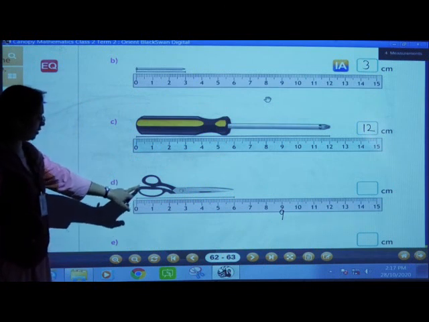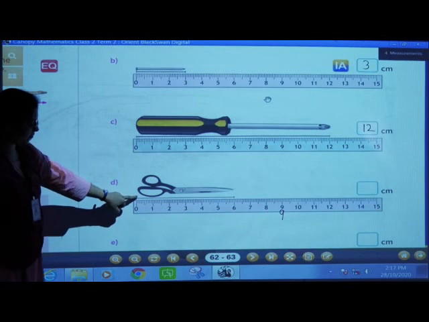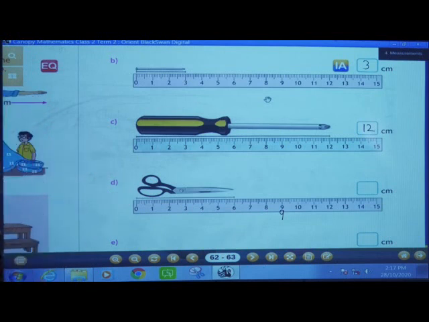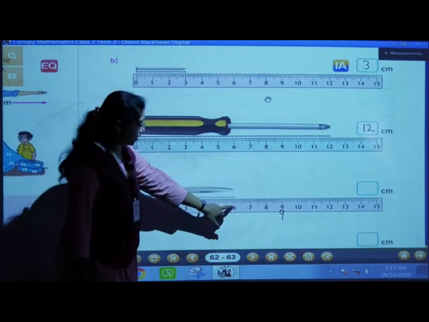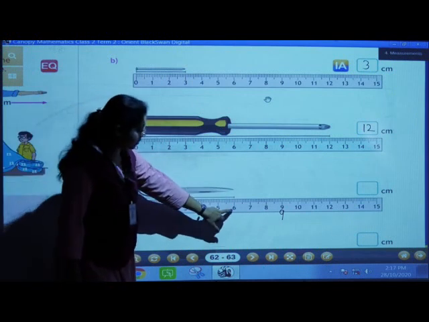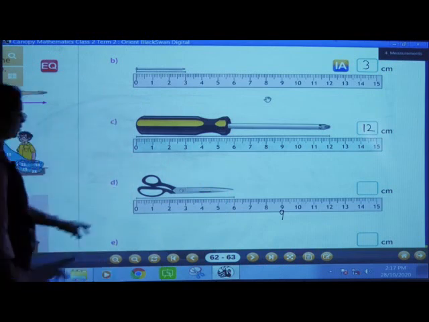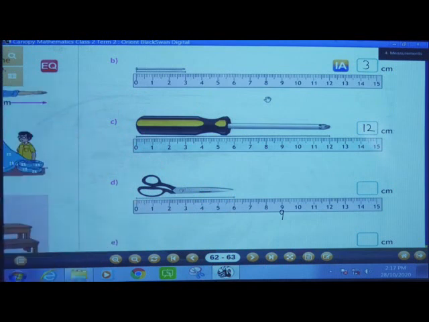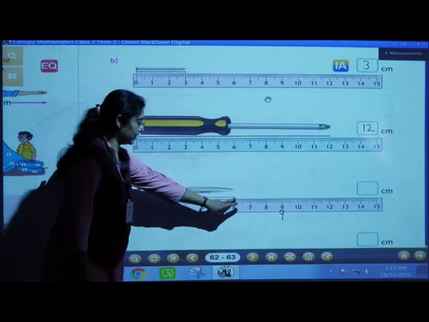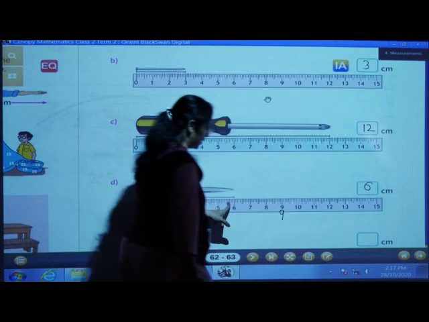Place one end at the 0 and the other point is at 6. So the length of this scissor is 6 centimeter.